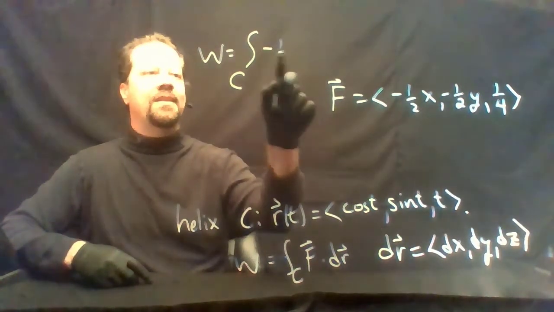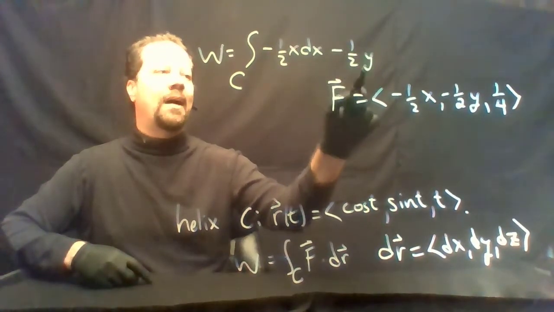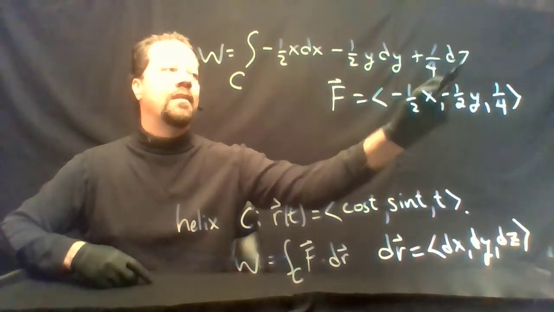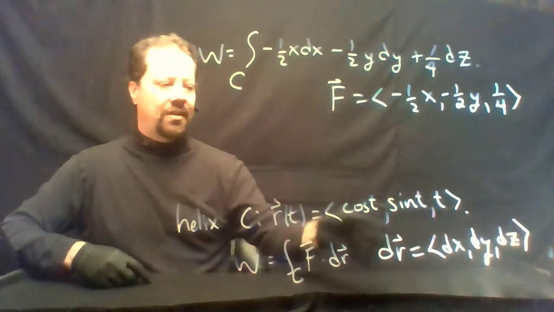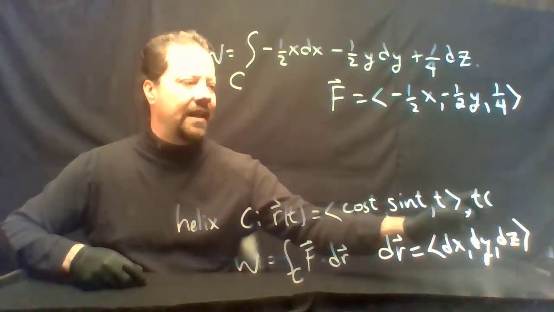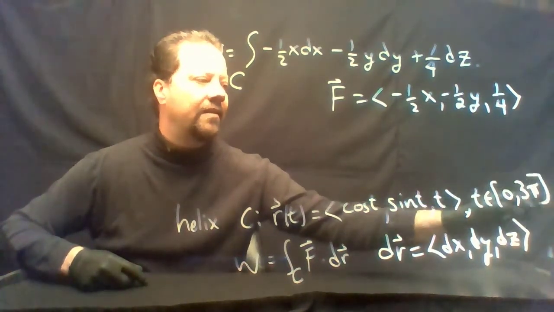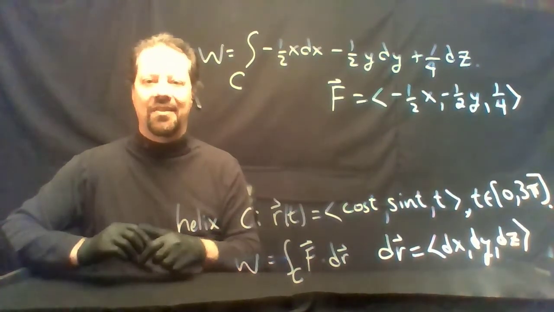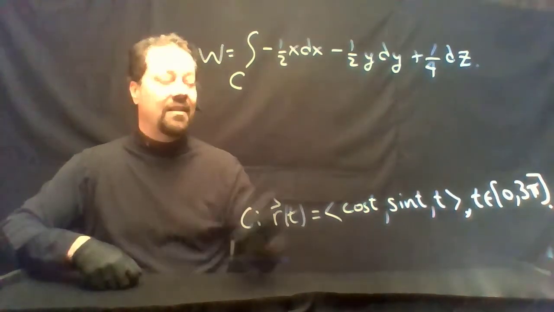That'll give us minus 1/2 x dx minus 1/2 y dy plus 1/4 dz. We'll now evaluate this along the path. I forgot to say, we'll have t go from 0 to, let's say, 3 pi, 1.5 times around that loop along the helix.